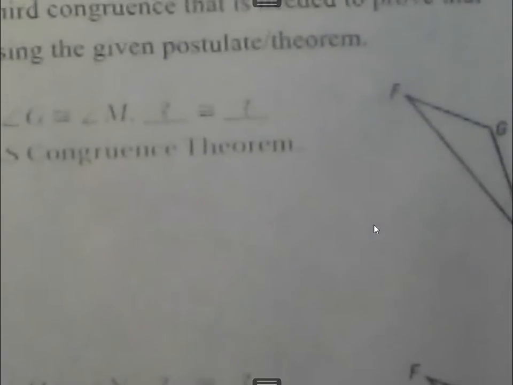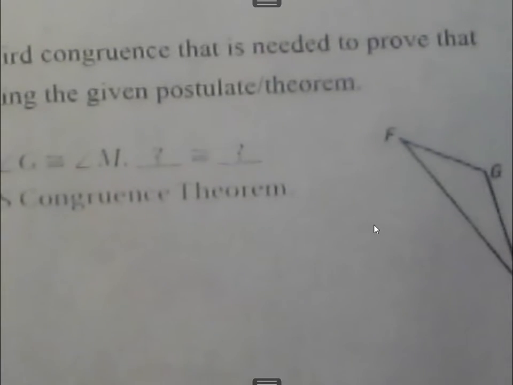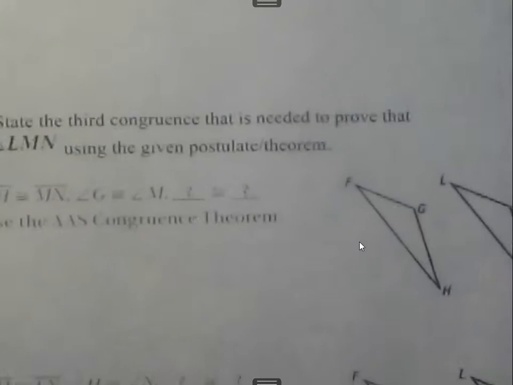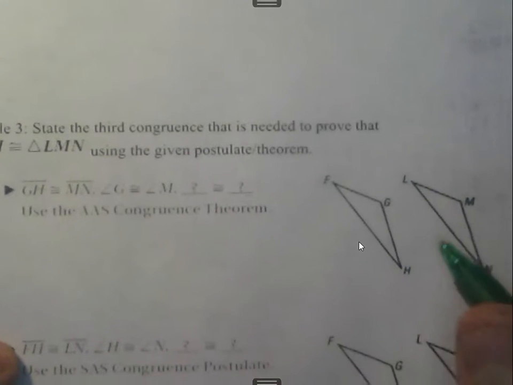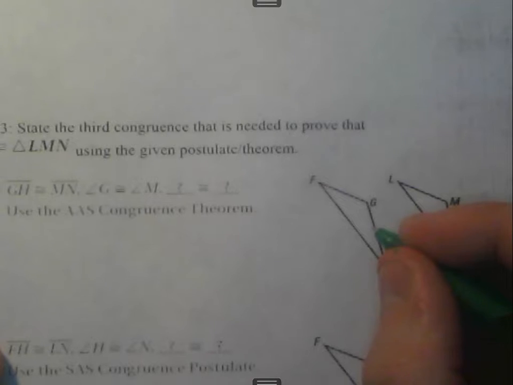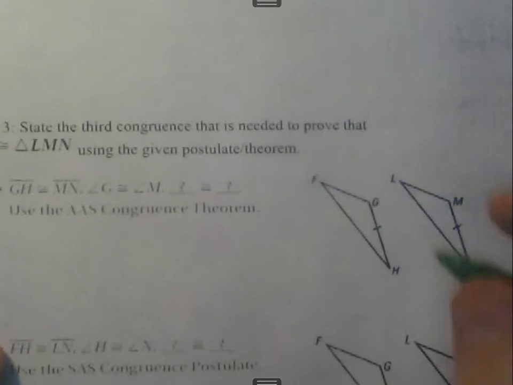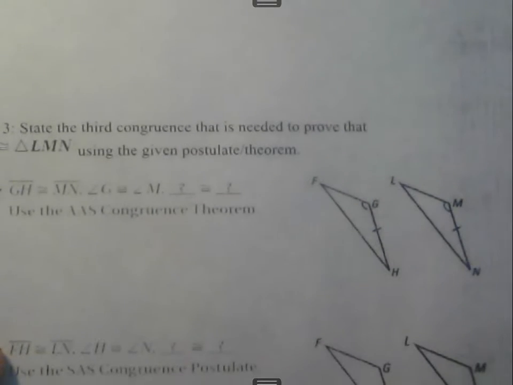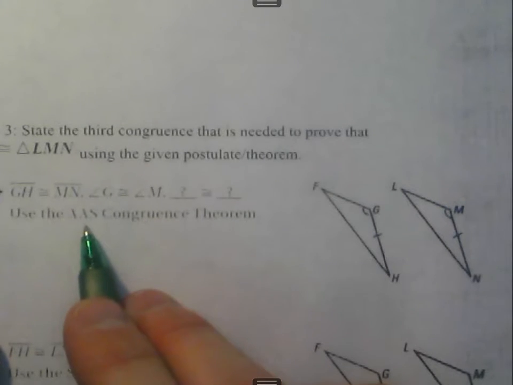Example 3. State the third congruence that is needed to prove that triangle FGH is congruent to triangle LMN using the given postulate or theorem. We know that GH is congruent to MN. First thing I like to do is mark it on my triangles. So GH is congruent to MN. I know angle G is congruent to angle M. I'm trying to do it by angle, angle, side.